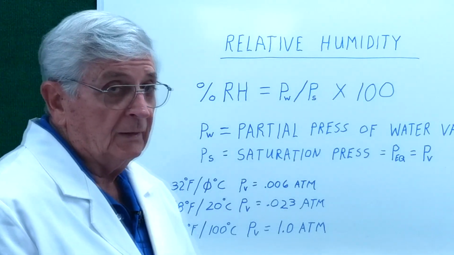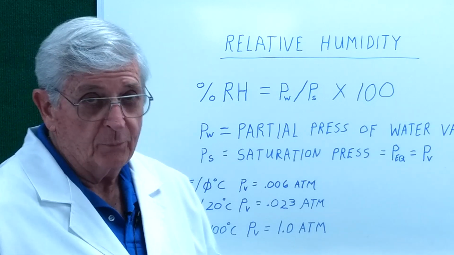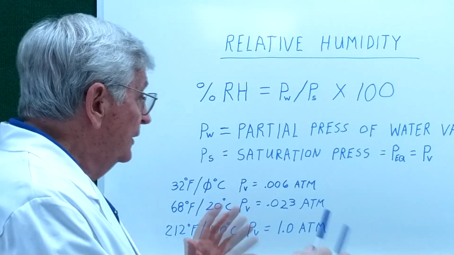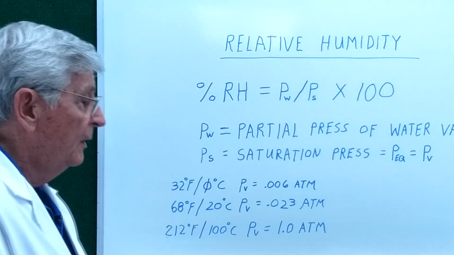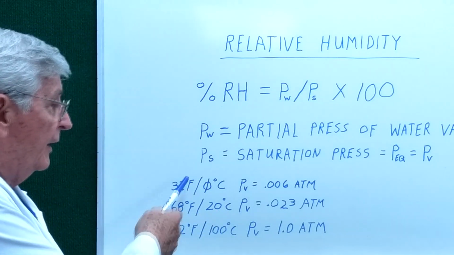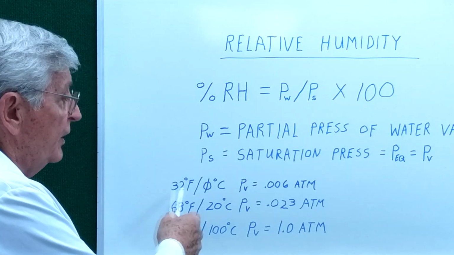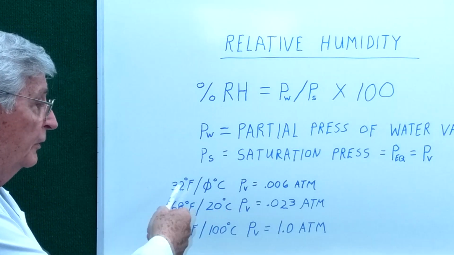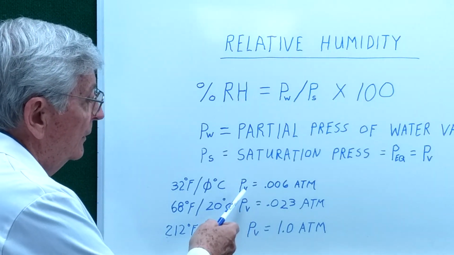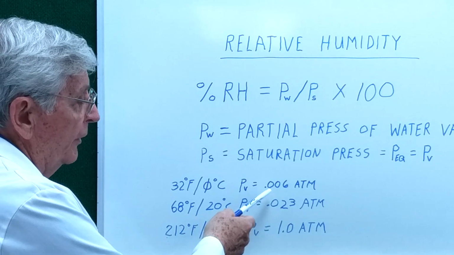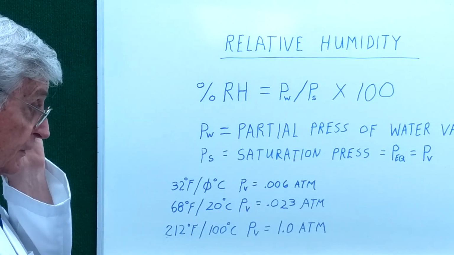And if you go to Wikipedia and look up water vapor pressure, you'll find a table there that gives you the vapor pressure of water at various temperatures. And at the freezing temperature, 0 degrees C, the vapor pressure of water is 0.006 atmospheres.